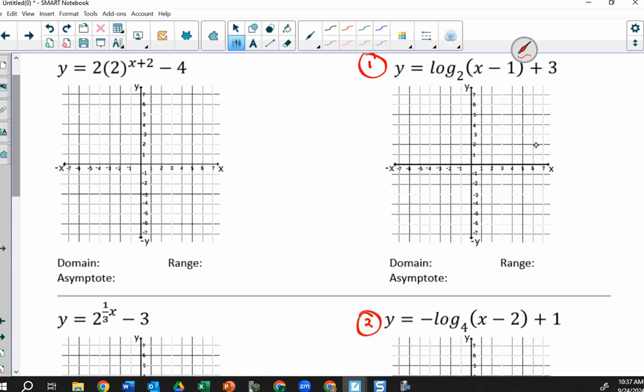Like over the x-axis, multiply by the x-intercept. Okay, let's think about it. I have a point up here and it's coming down. What sign change do you have to do?